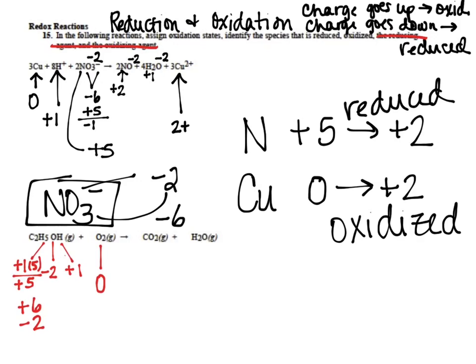And I have a -2, so that means I need a -4 to cancel that out. Wait, where'd you get 6? Oh, it's 5 plus 1, minus 2. Wait, what about carbon? That's where I'm going to. So I have a -4. My 2 carbons have to total a -4, so carbon is a -2.